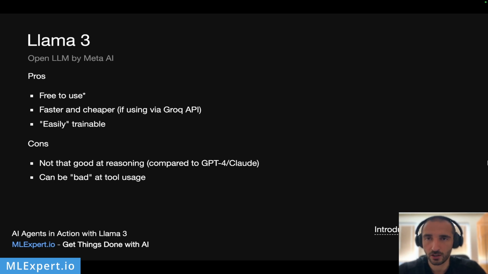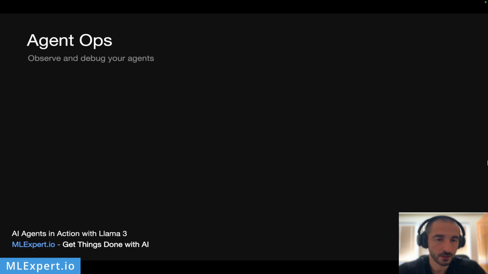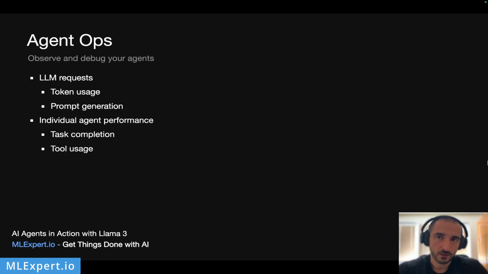So you can essentially recreate what you have here for free using the Groq API. And a note on agent ops. What is really important when building such applications is to have a look at what the agents are doing behind the scenes. For example, CrewAI is not really good at presenting all of the prompts.